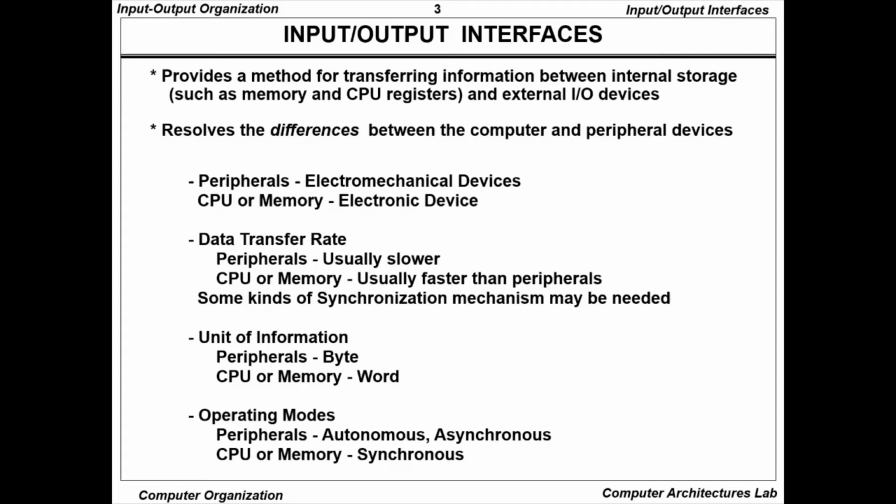For peripheral devices we say 1 byte, 10 bytes, 1 gigabyte, 1 megabyte. 1024 bytes is called 1 megabyte, similarly 1024 megabytes is called 1 gigabyte, and continuing, terabyte and petabyte. These are widely used units in computer science engineering.